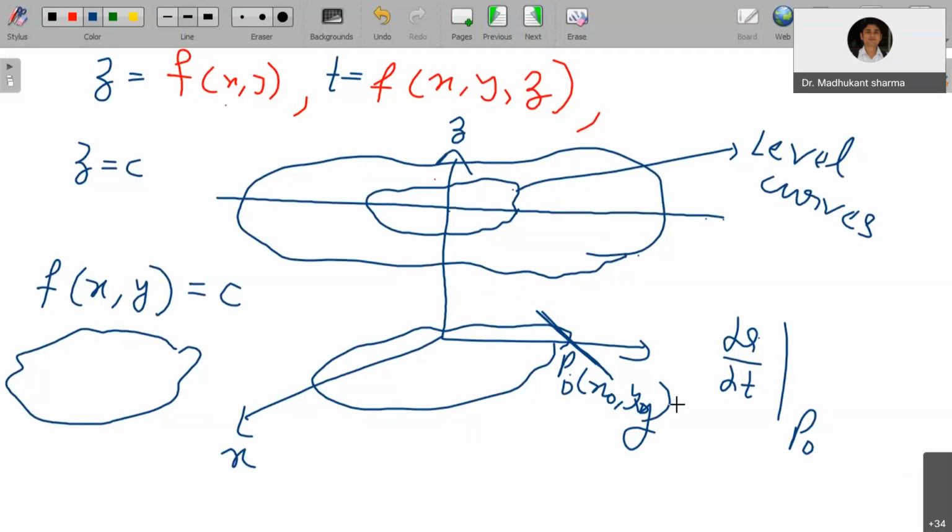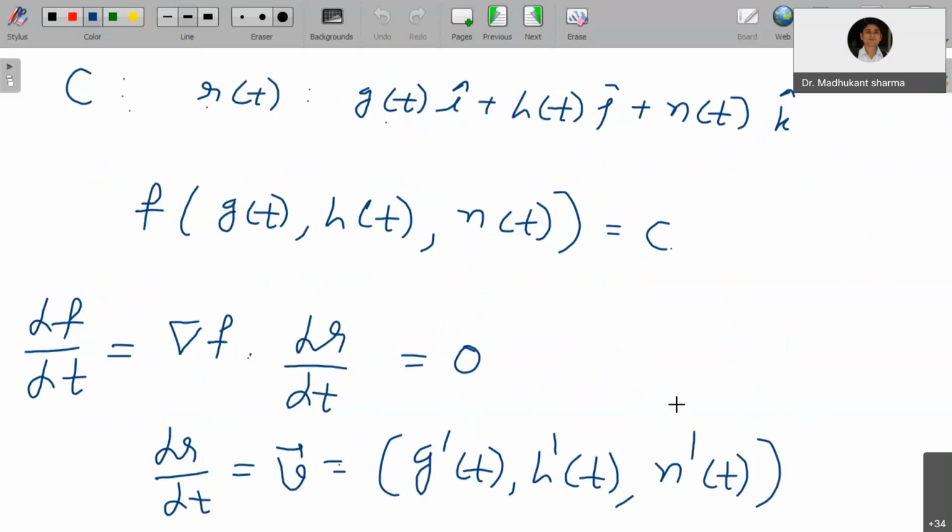And what you have just noticed is that the gradient is perpendicular, or orthogonal, to that tangent. It tells you that gradient f is normal to that curve.